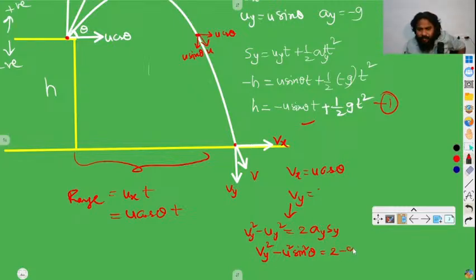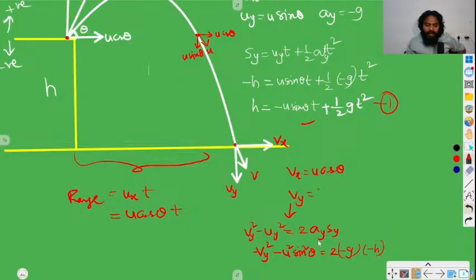Sy is minus h, so minus g into minus h. Here also minus vy square, right? So likewise you have to substitute and find vy, then you can use that value to find this angle alpha. V is equal to vx i cap plus vy j cap. Hope you understand well, right?